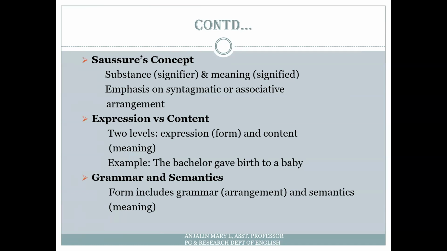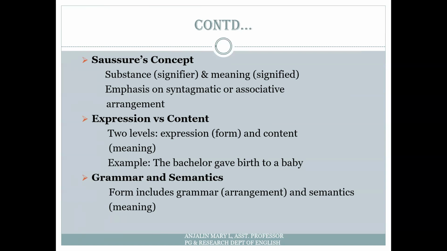The next thing is expression versus content. There is also another distinction to be made between the levels of expression and content in form. At one level, the level of expression, linguistics deals with the form or shape of linguistic elements without necessarily taking into account their meaning.